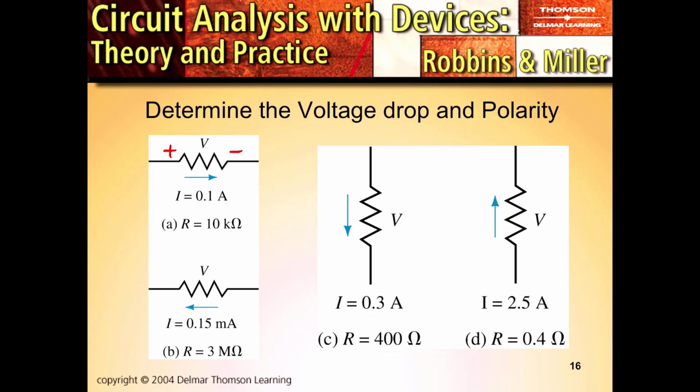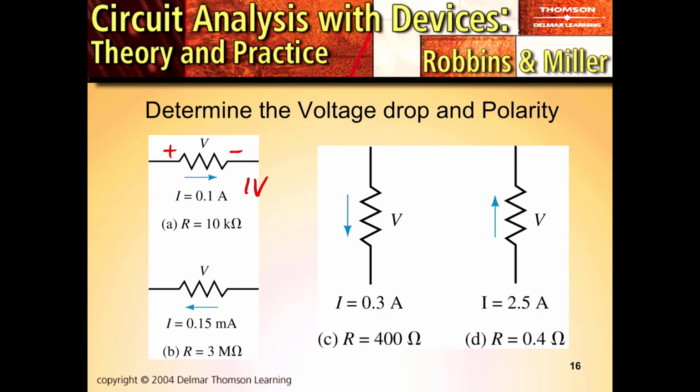Remember, entering plus, exiting the minus. Now, in terms of our magnitude, we just have to multiply those two values together. That's whole units of amps, 0.1, times whole units of ohms, which would be 10 exponent 3 for kilo, and our answer would be in whole units of volts. In this case, the answer would be 1 volt.